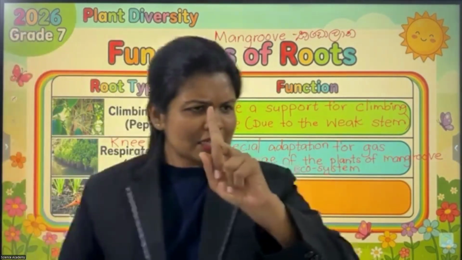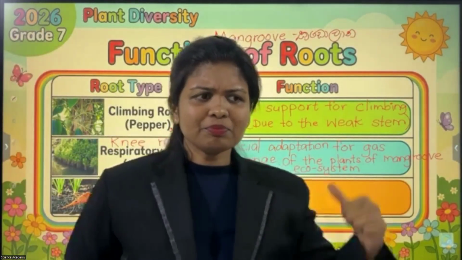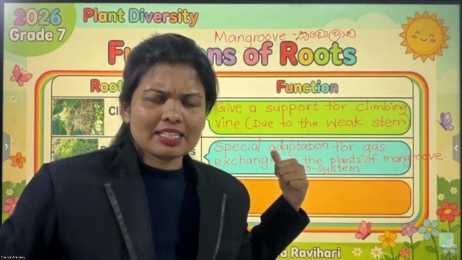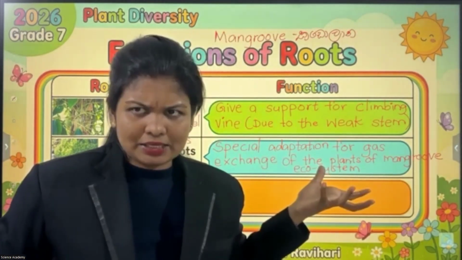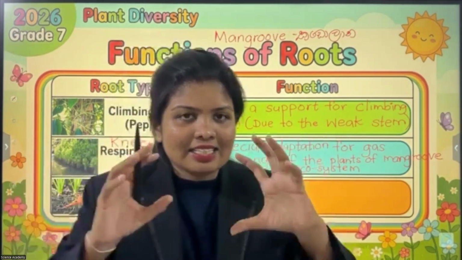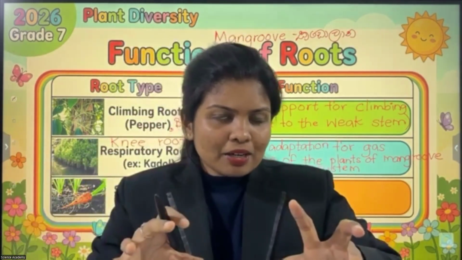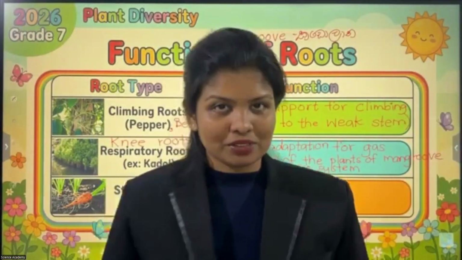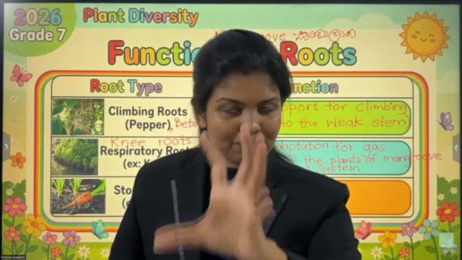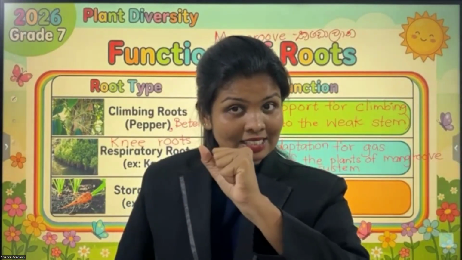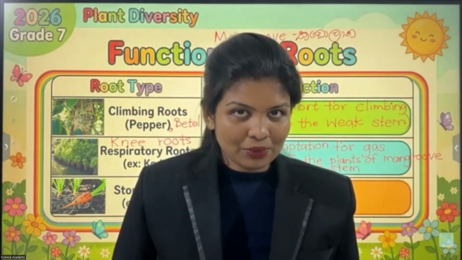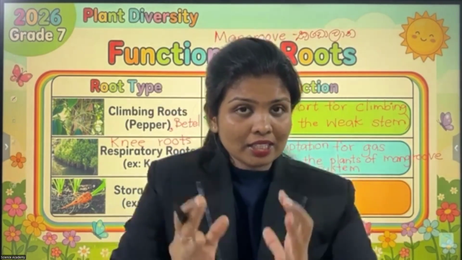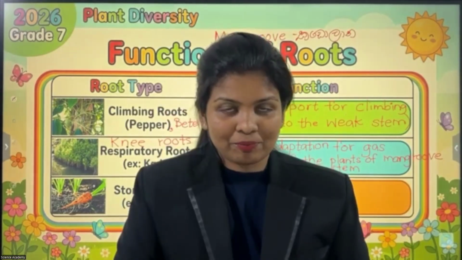Children, can you remember we discussed beetroot, carrot-like roots? These are examples of roots which store food in taproots. Beetroot and carrot are taproots, so they are storing their food in taproots.